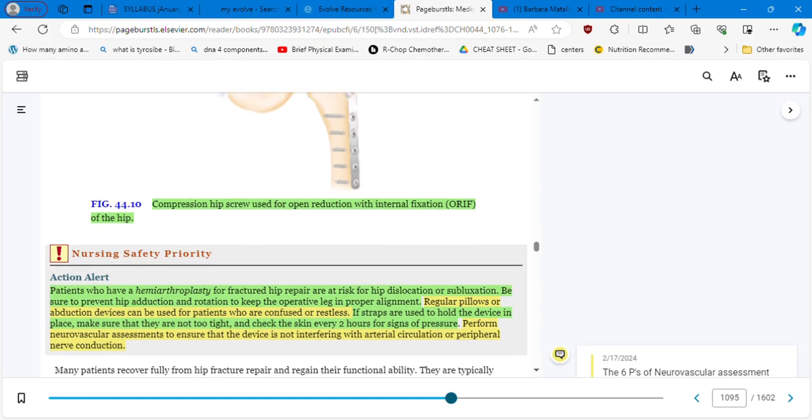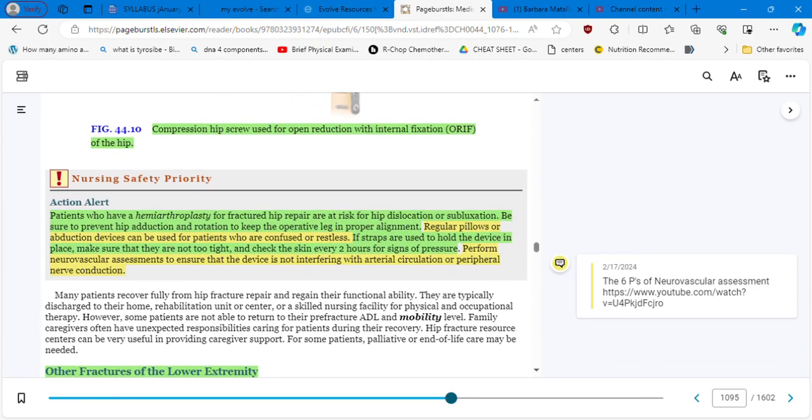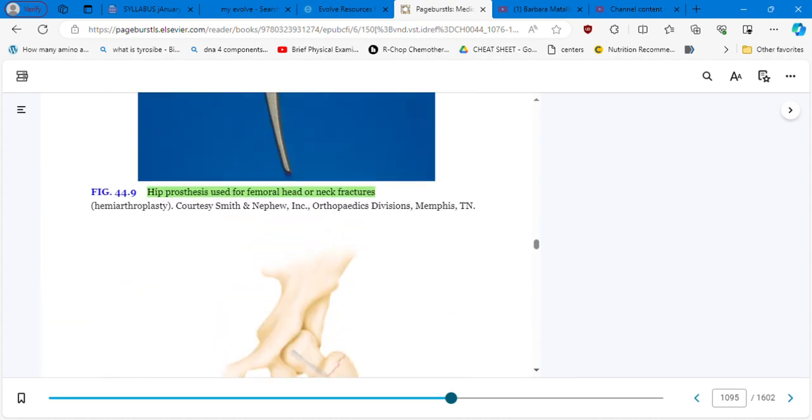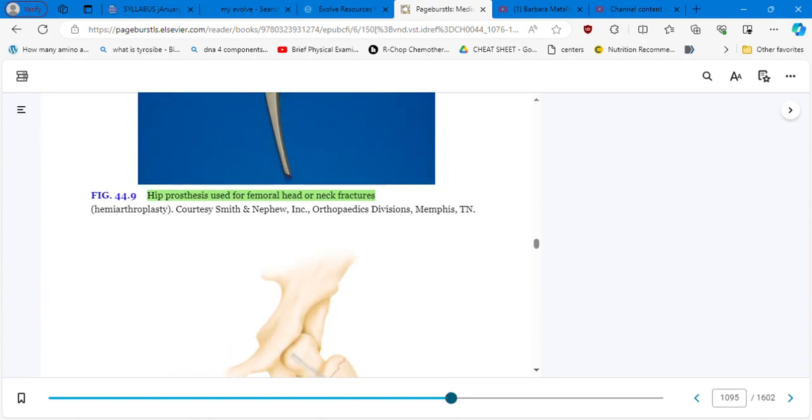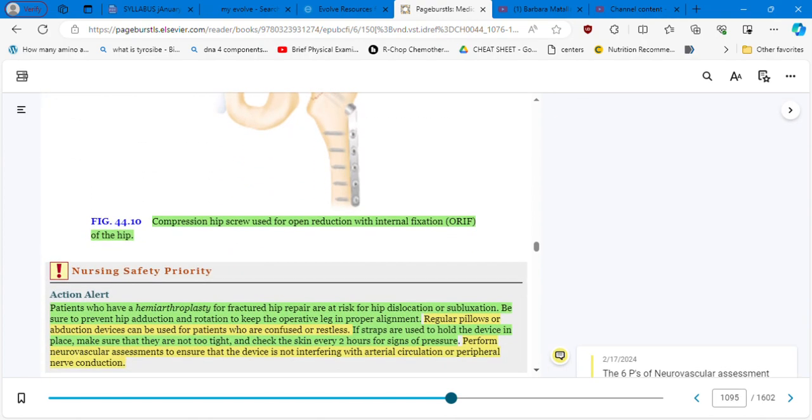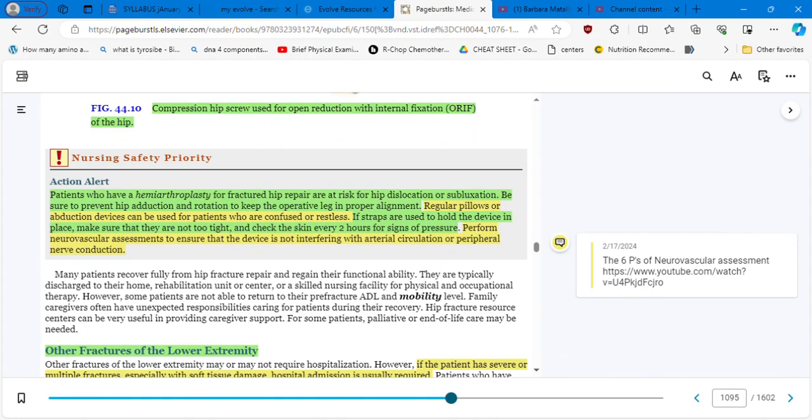Okay, let's continue. So, patients who have a hemiarthroplasty for fracture hip repair are at risk for hip dislocation or subluxation.